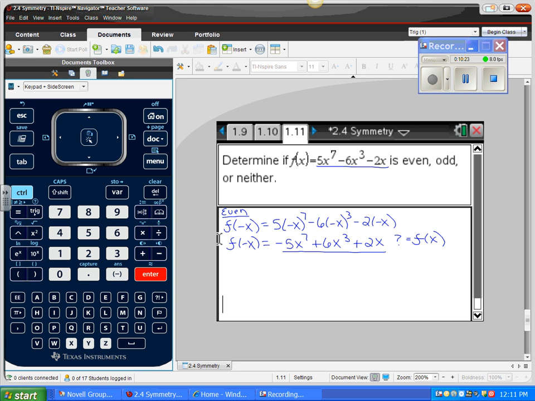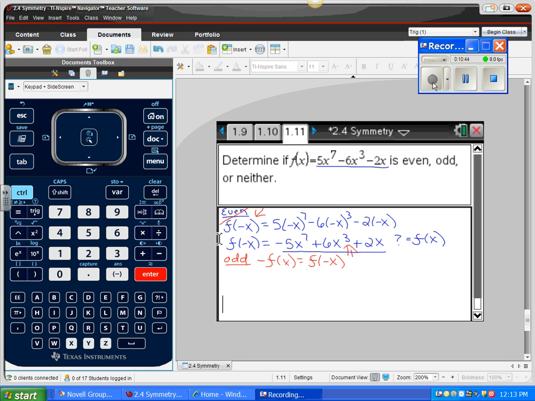No. Okay, so we know it's not even. So let's check for odd. Okay, so the question for odd is, does negative f of x wind up equaling f of negative x? Now remember, this is f of negative x. We already found it. It's right here, okay?